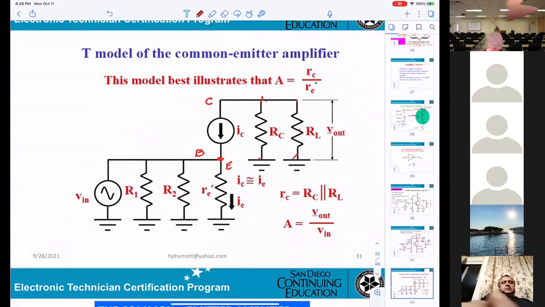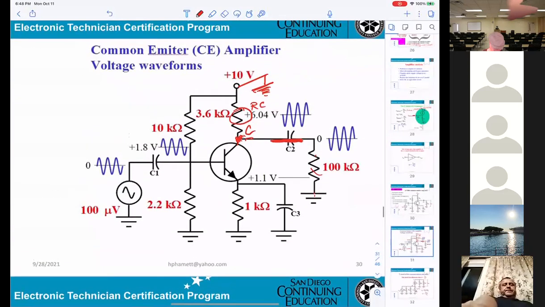Okay, that is the output. Now at the input, see what you get. R1 here connects to the base and to the ground. R2 connects to the base and to the ground.